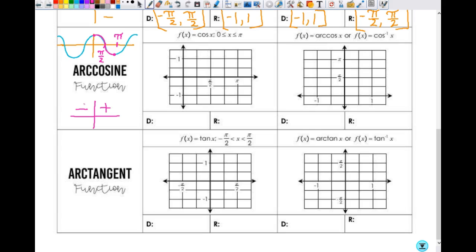Okay, but it's not. Remember, I'm talking unit circle here. Unit circle values: 0, pi halves, pi, 3 pi halves. Unit circle, different quadrants than this. We're talking different values.